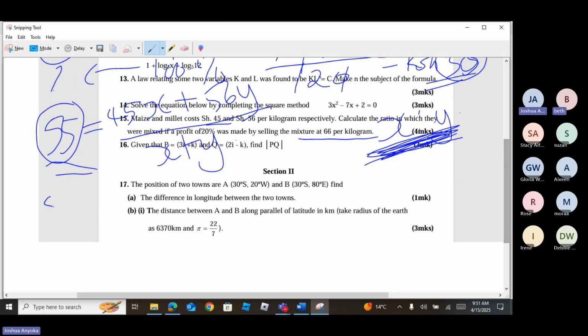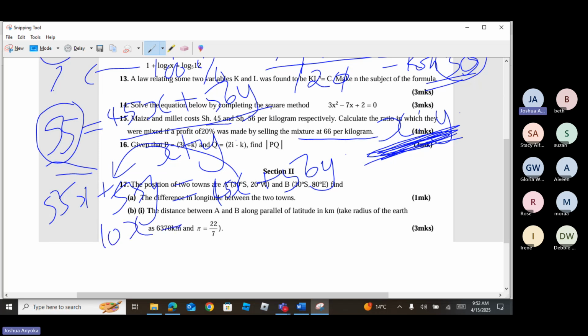So cross multiply: 55x plus 55y equals 45x plus 56y. Like terms together: we have 55 minus 45, 10x, is equal to 56 minus 55, 1y. We want to remain with unknowns on one side.